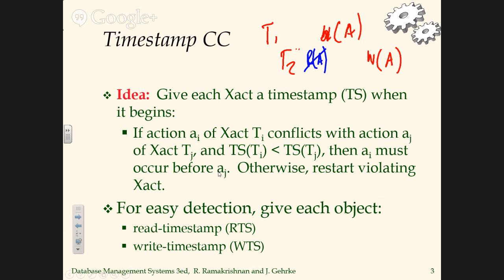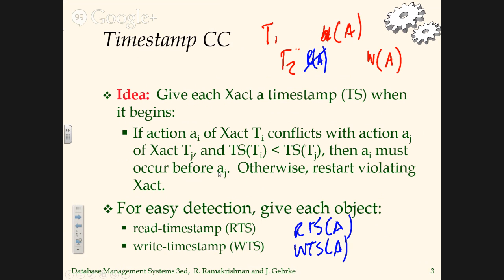Now, using this rule, you might have to compare every transaction to every other transaction, and every action of that transaction to every action of any other transaction. This would be complicated, but for easy detection, you can give each object a read timestamp and a write timestamp. What these mean is the timestamp of the transaction that last read it or last wrote it.